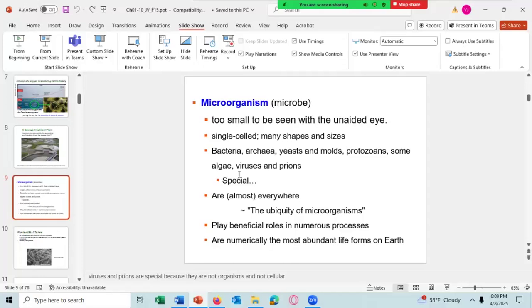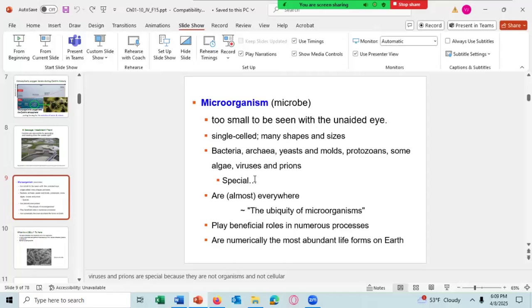Microorganisms or microbes also include viruses and prions. These are special because they are not cellular organisms. Viruses and prions do not have cells. In a sense, they are not an organism. So I tend to call them microbes, but your textbook calls them both a microbe and a microorganism.